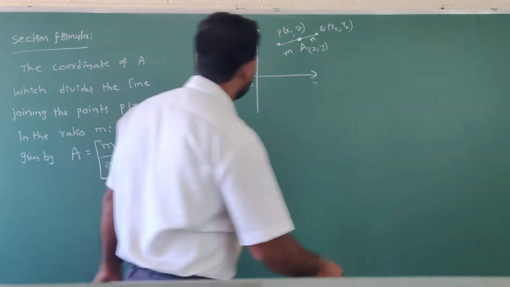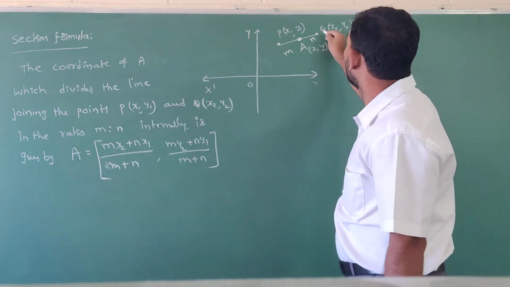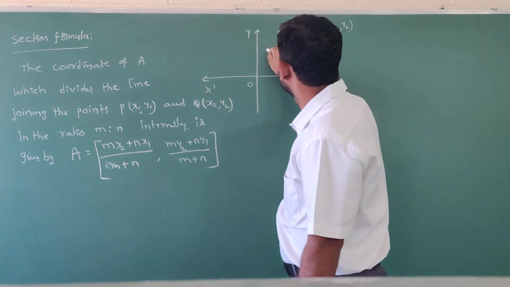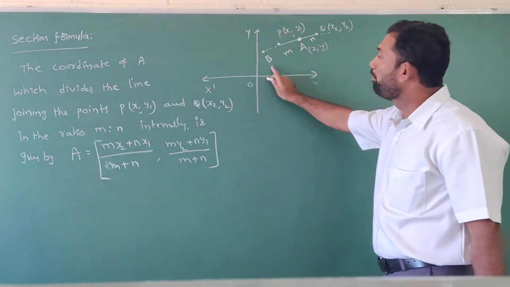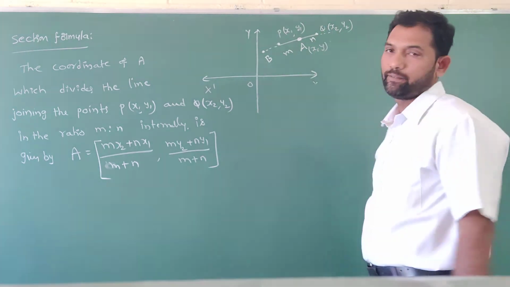Now suppose the point is outside the line, on this side, B. That point B is dividing the line PQ externally.